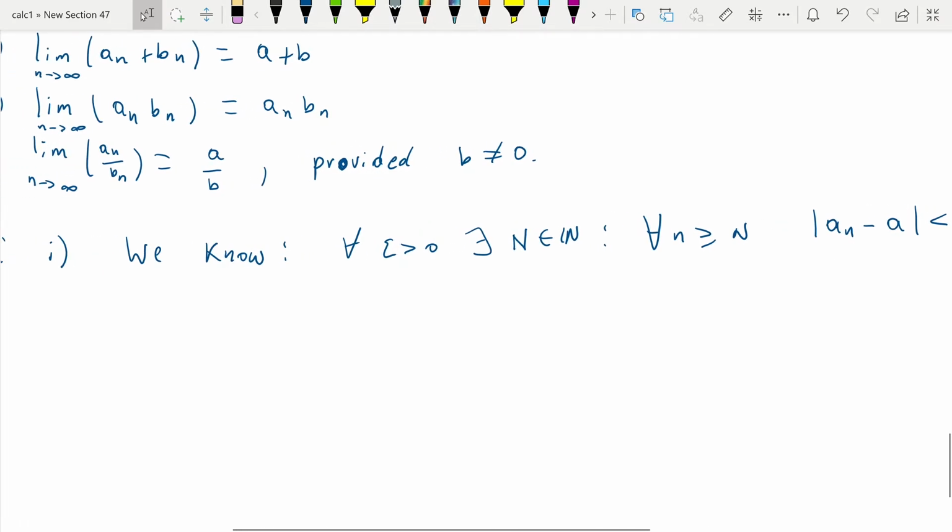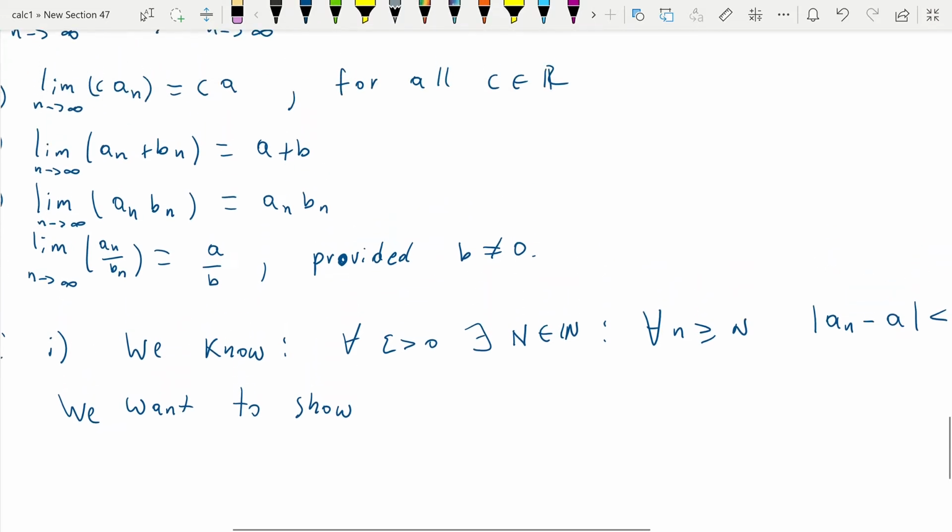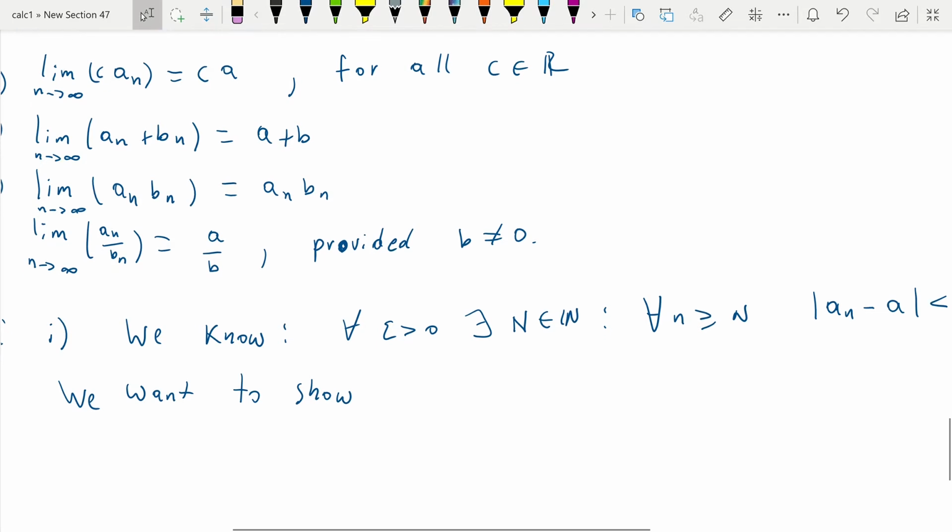What do we need to show? We want to show that the limit of c times a_n is ca.